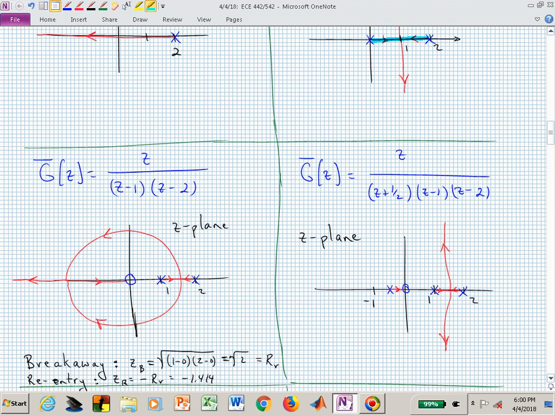And the radius of that circle is the geometric mean of the distance between the zero and the first pole times the zero and the second pole. In this case, the geometric mean is 1 minus 0 times 2 minus 0 square rooted. It's the square root of 2.